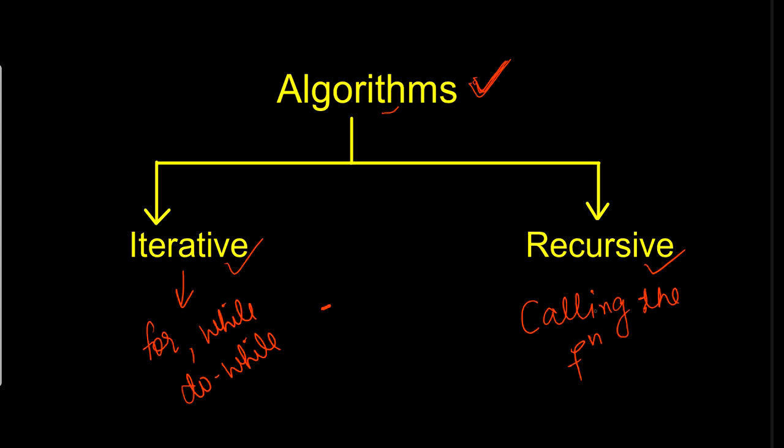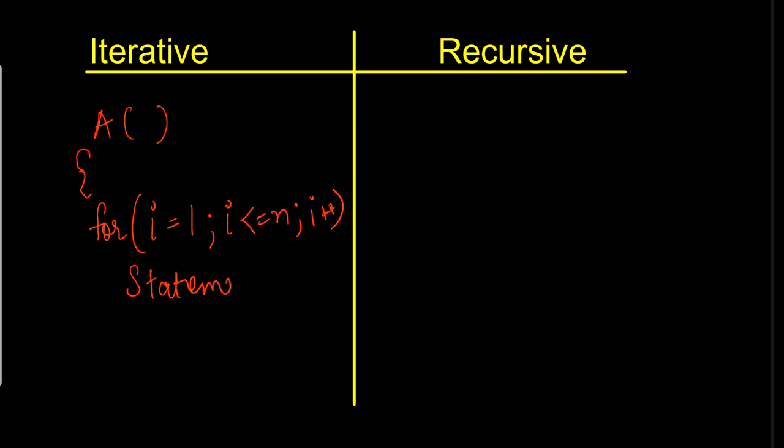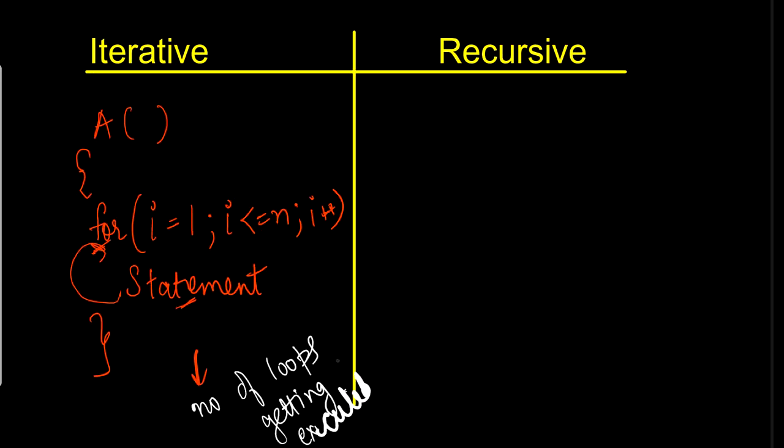Let's come up with an example. I have a function over here where I will introduce a for loop, which has initialization, a condition and incrementation, and then the statement on which this for loop will work. This is working iteratively because it depends on the number of times the loop gets executed.